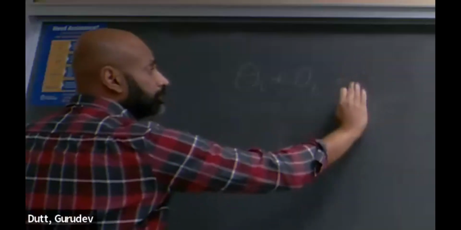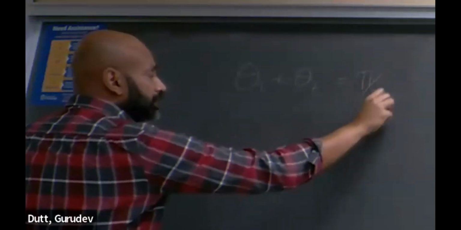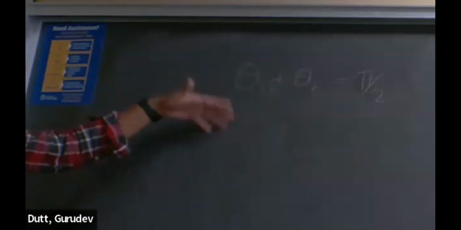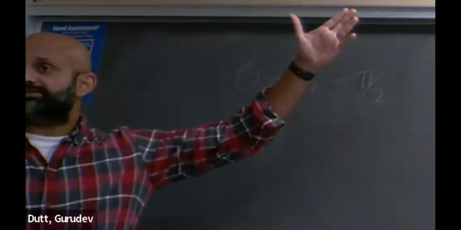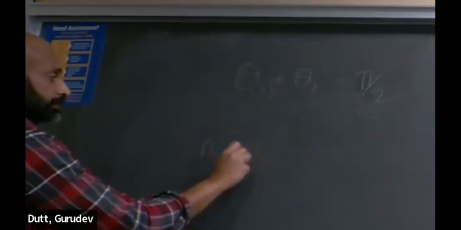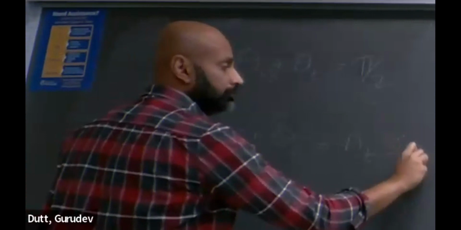So notice that theta I plus theta t is equal to 90 degrees or pi over 2 at the Brewster angle. So I'll call that theta IB. That's the incident angle, which is called the Brewster angle, at which, as I said, the reflected light is entirely S polarized. So we know from Snell's law that this must be true.